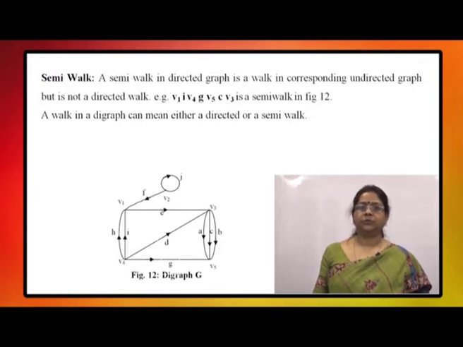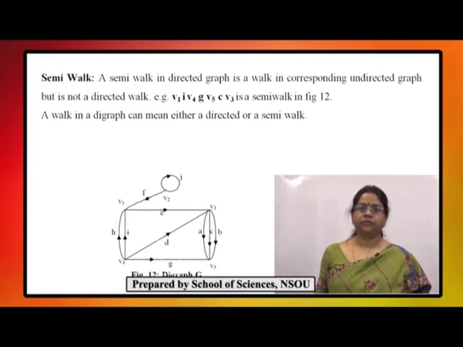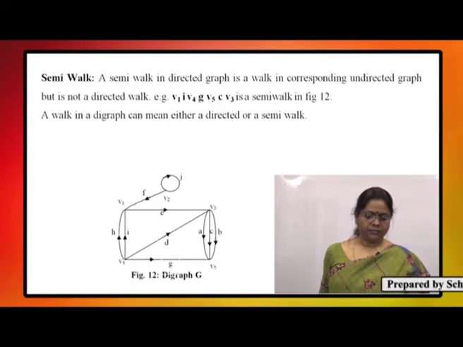For example, in figure 12, if we consider V1, I, V4, G, V5, C, V3, this is a semi-walk because we consider here I, G and C, three edges. We can see that I, G and C are not oriented accordingly.